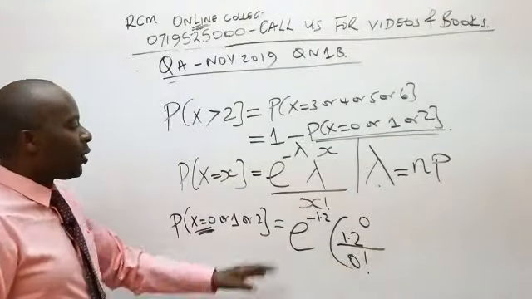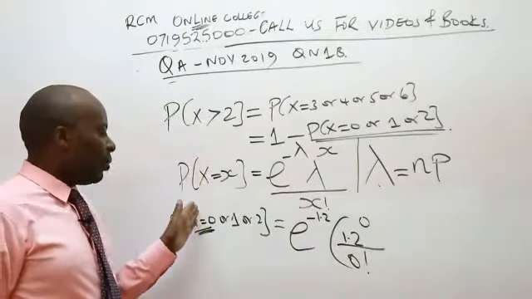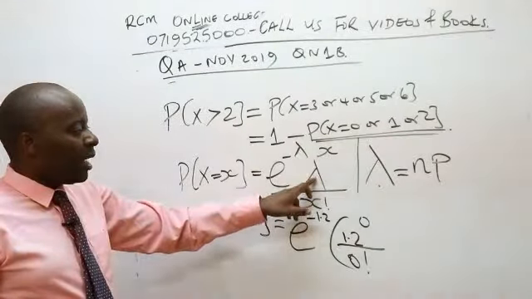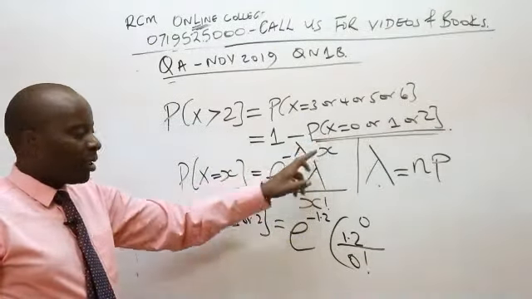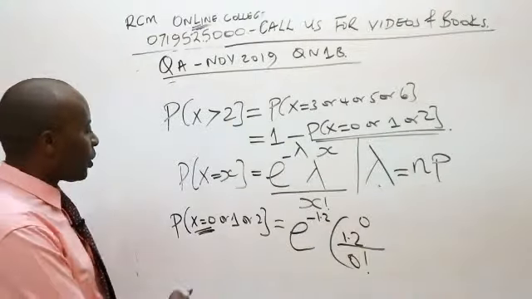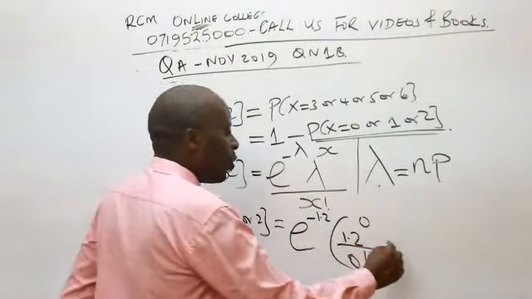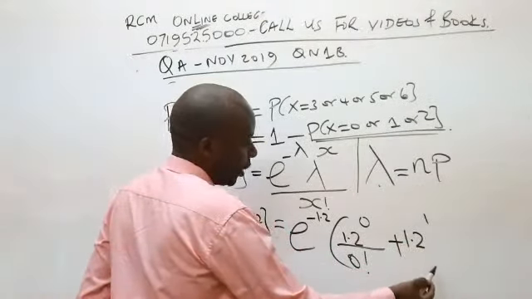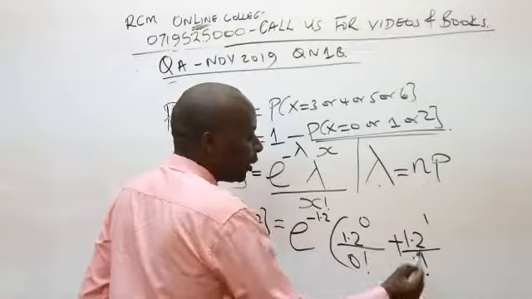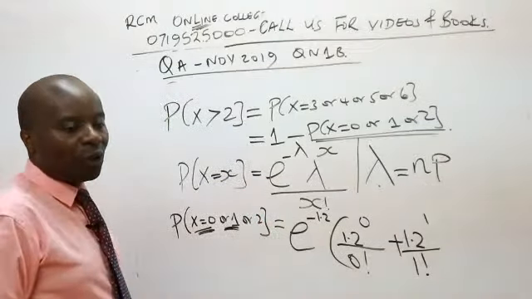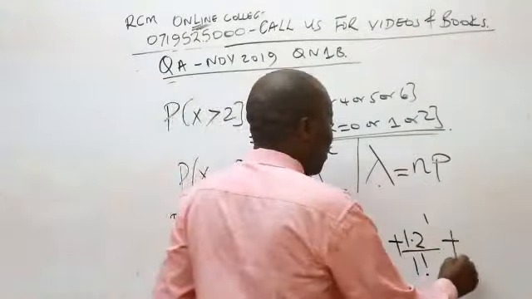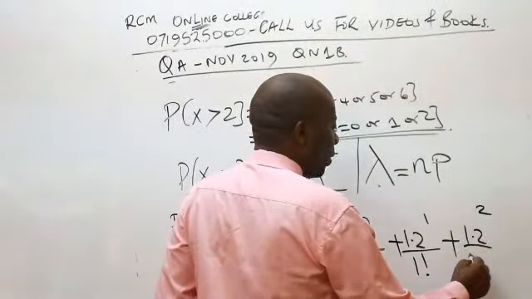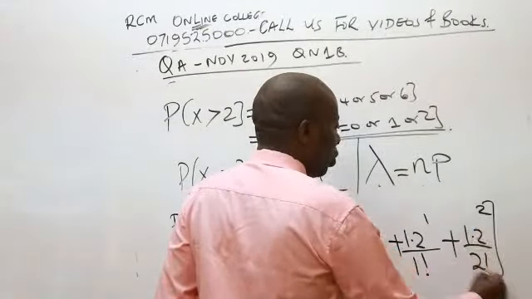I'm factoring out this e because it's applicable to each one of them. Inside brackets, I'll have lambda raised to x all over x factorial. So after that, I'll capture x equals 1: plus 1.2 raised to 1, all over 1 factorial. Plus we have 1.2 raised to power 2, all over 2 factorial.